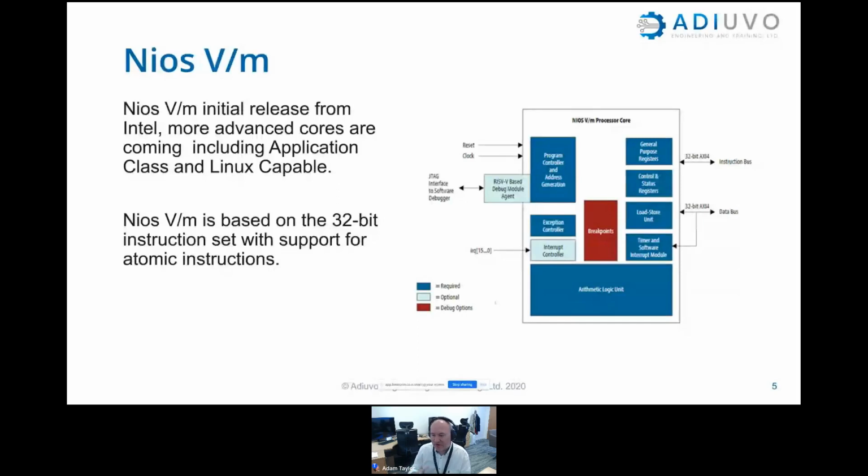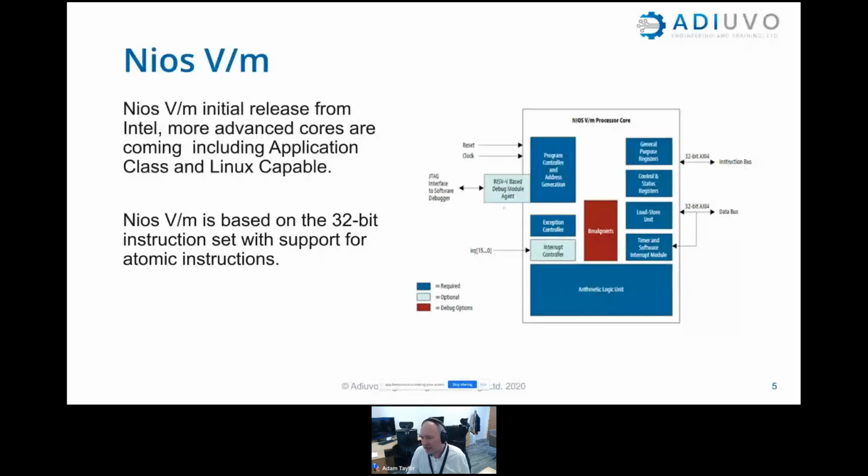And I believe if you read some of the Nios 5 documentation that Intel have put out, they seem very committed to working with the community and developing that RISC-V architecture. So we can see it's a really simple processor.